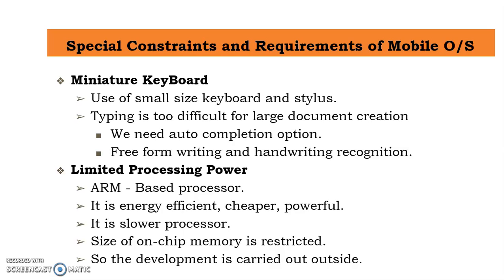Okay, it is energy efficient, cheaper, powerful. Next, here the size of on-chip memory is restricted, and then development is carried out outside. These are all special constraints of limited processing power.